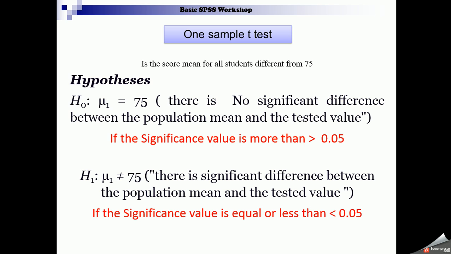Sometimes we want to check if it is higher than 75, or in other situations if it is less than 75. But here in this example, we only check if it is different from 75.